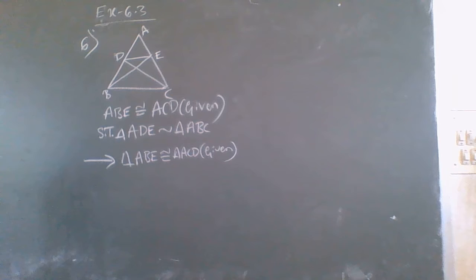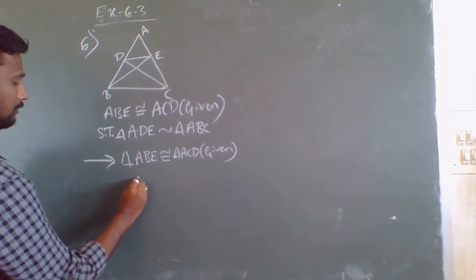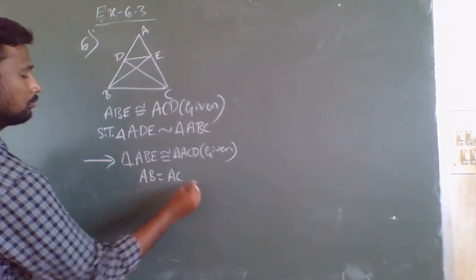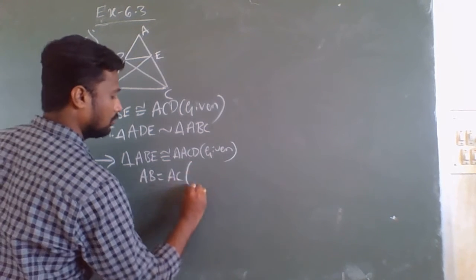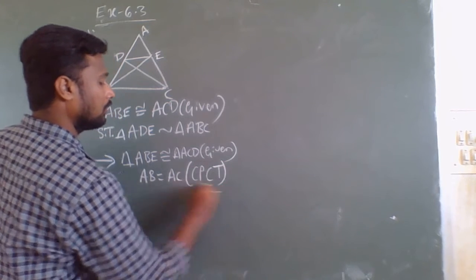Now by using this we can write AB is equal to AC, because these are corresponding parts of congruent triangles.